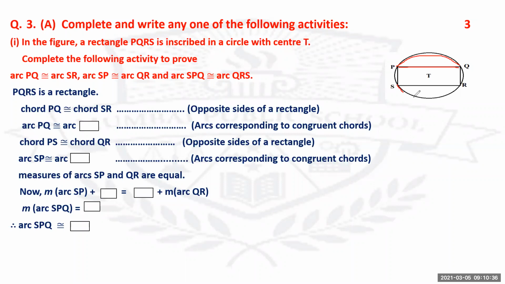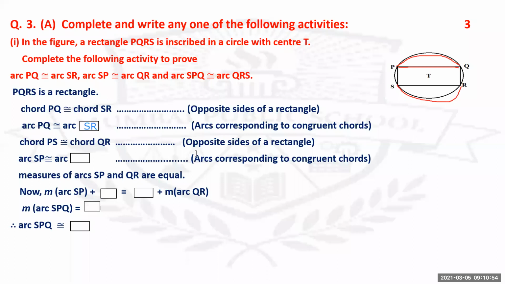It is arc SR. Is this clear to all the students? So arc PQ is congruent to arc SR. Okay, so in the first box you get arc PQ congruent to arc SR.